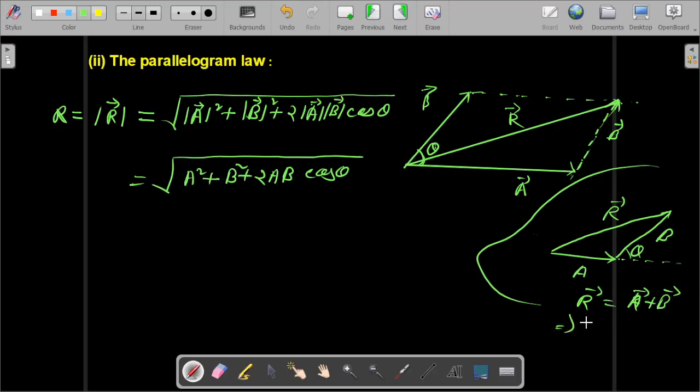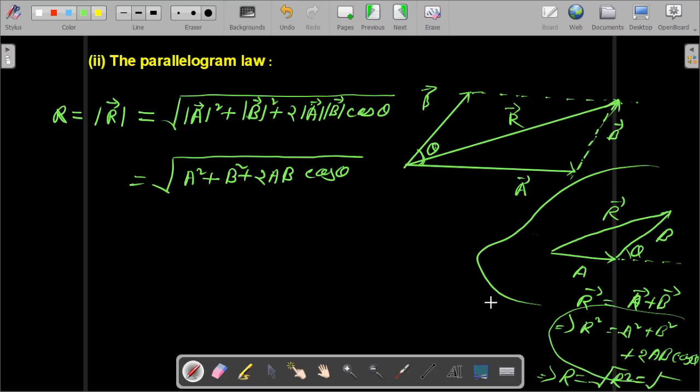Now if you take the root, this will be like A square plus B square plus twice A B cos theta. This is the parallelogram method, and take the square root of R here. We'll get this. Understood?